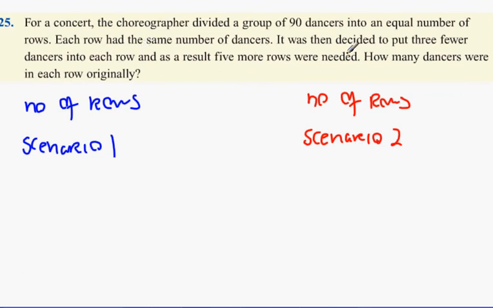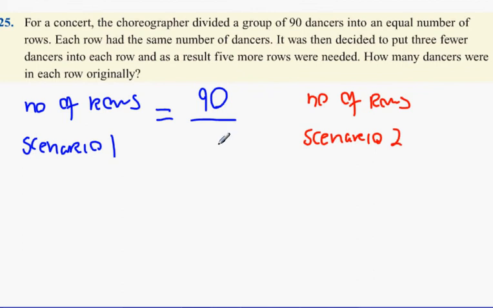As a result, 5 more rows were needed. How many dancers were in each row originally? Now, in real life, the number of rows equals the total number of dancers, which is 90, divided by the number of dancers per row. Let x be the number of dancers per row.